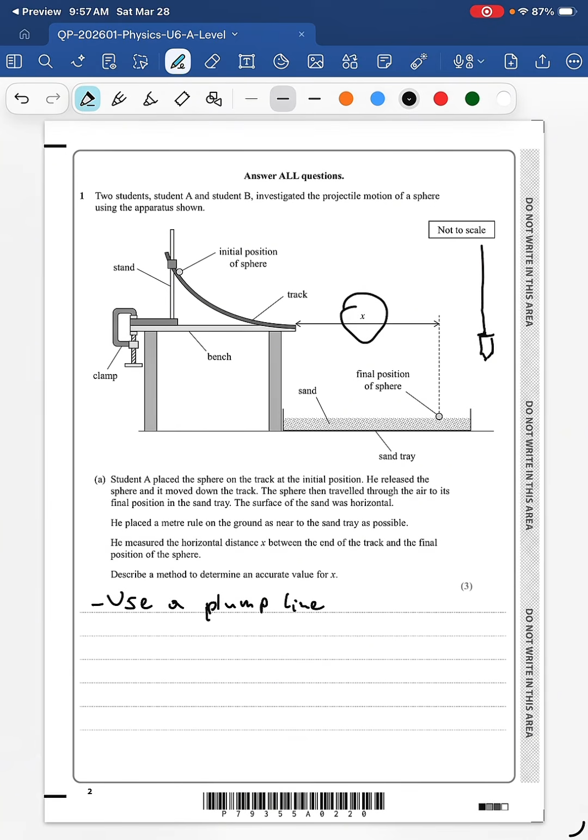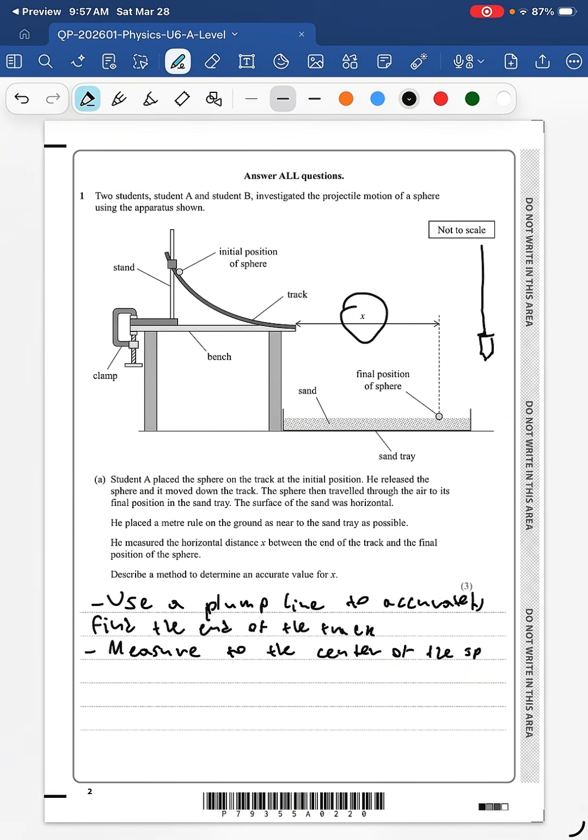So use a plumb line to accurately find the end of the track. Measure to the center of the sphere. That's the other thing you need to do.